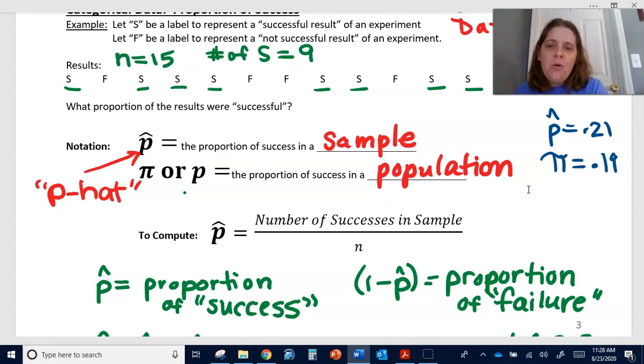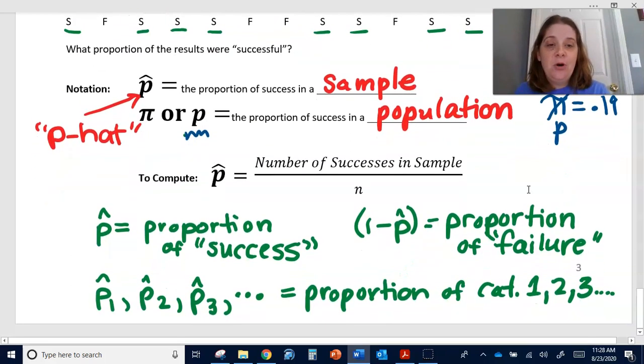So what we typically do, because pi gets confusing, is it 3.14? A lot of times we just use the English letter P for this. So either one of these can be used. If you see your textbook has a tendency to use pi, okay, but a lot of times P is just our population proportion. So to compute this, again, you just take the number of successes and divide by the total.